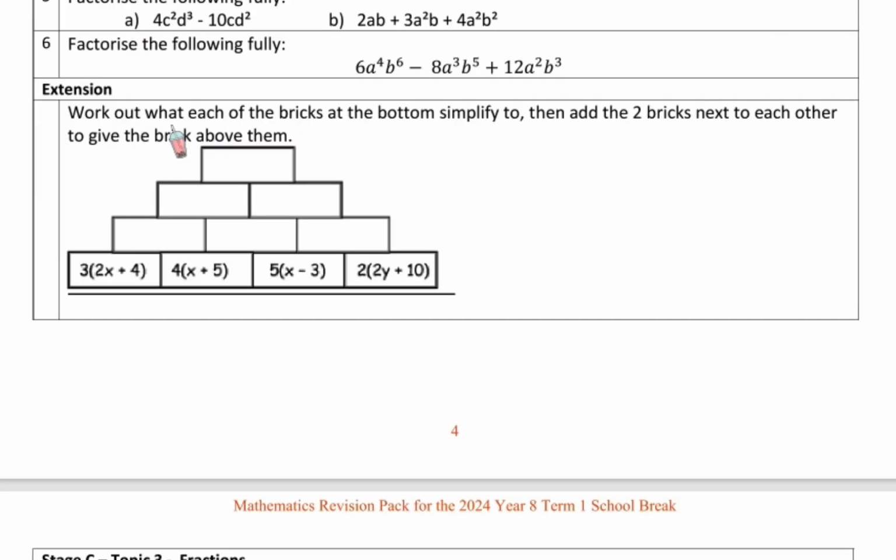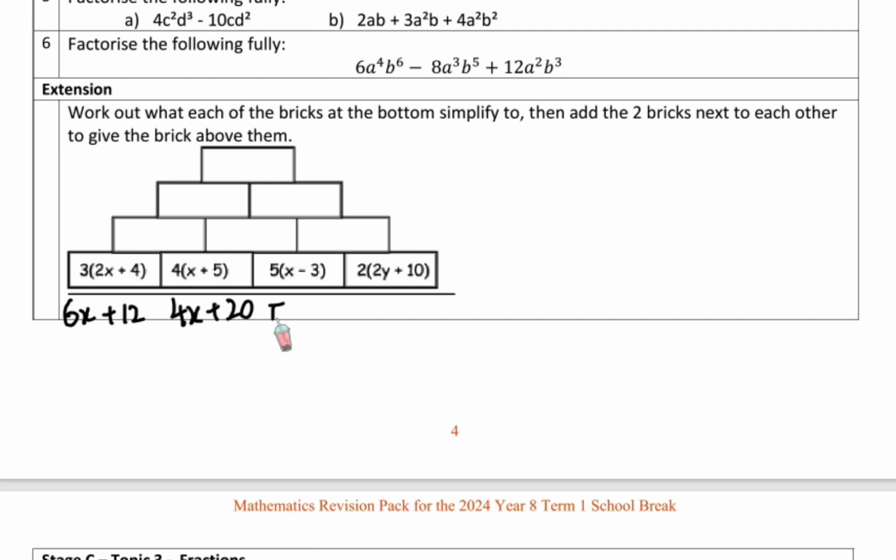Work out what each of the bricks at the bottom simplify to. Then add the 2 bricks next to each other to give them the brick above them. Alright, so first we will need to expand these brackets. So this will be 6x plus 12 and 4x plus 20.